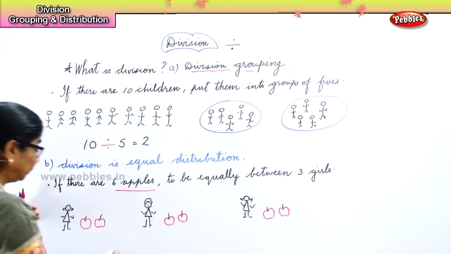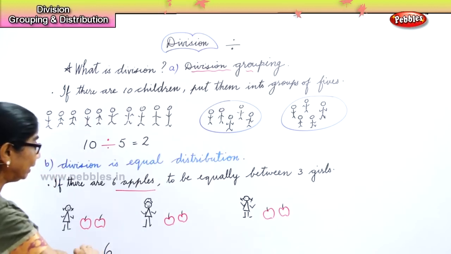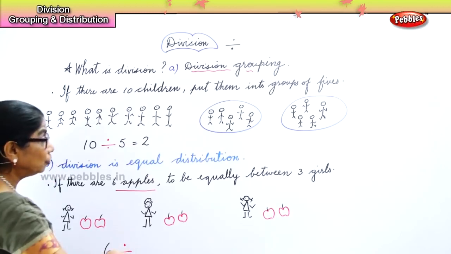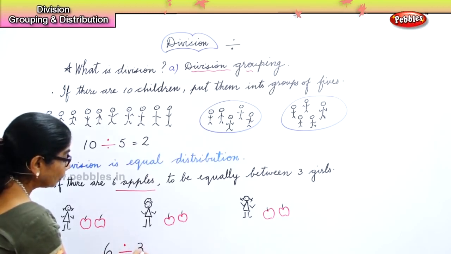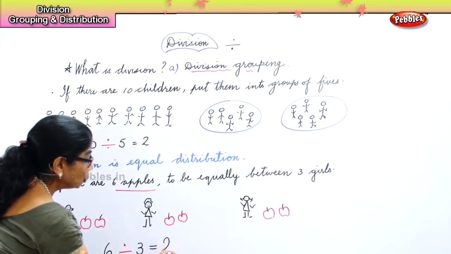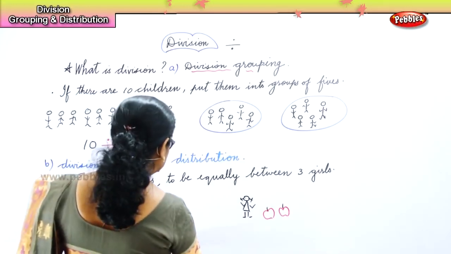So we have 6 apples to be divided, the division sign, between 3 girls. And how much does each girl get? Each girl gets 2 apples.